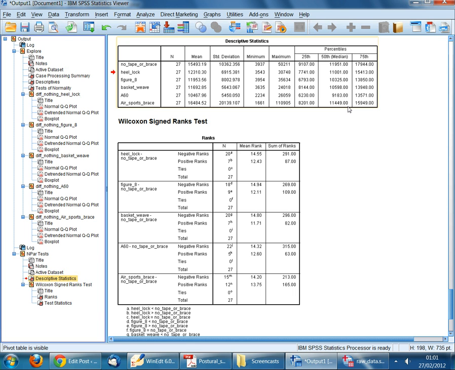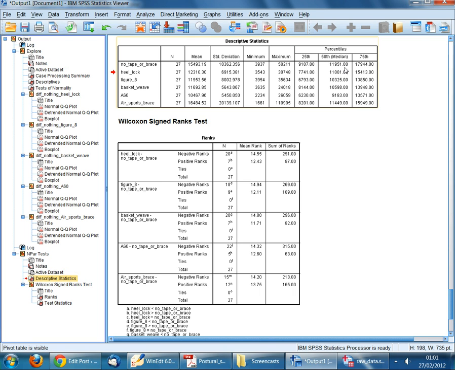Okay, so to know whether a particular taping or bracing technique made a difference in reducing or increasing postural sway, you need to compare the medians reported for postural sway without tape or brace to the postural sway reported for a particular technique.